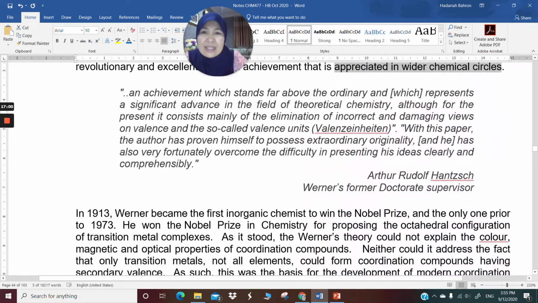Okay. Werner's ex-supervisor from his PhD, Arthur Rudolf Hantzsch, said that what Werner postulated was an achievement which stands far above the ordinary and which represents a significant advance in the field of theoretical chemistry, although for the present it consists only of the elimination of incorrect and damaging views on valence and the so-called valence unit.